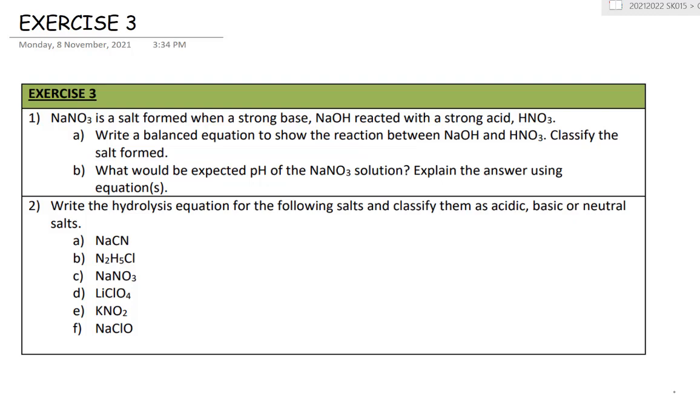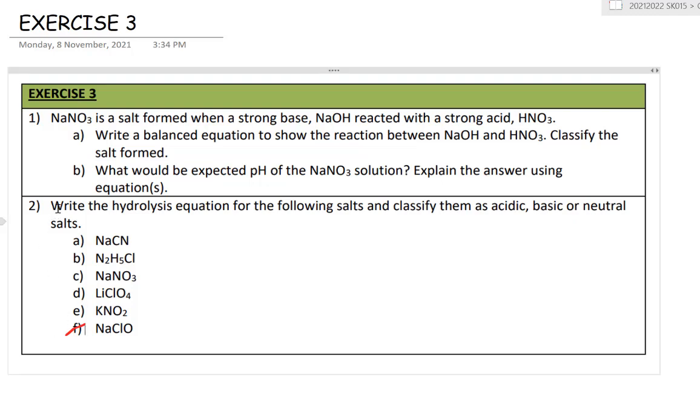So over here, Madam will explain one of the examples given here, which is NaClO. In this question number 2, it asks to write the hydrolysis equations for the following salt and classify them as acidic, basic, or neutral salt. So in question 2F, the question has already given you the formula of the salt.